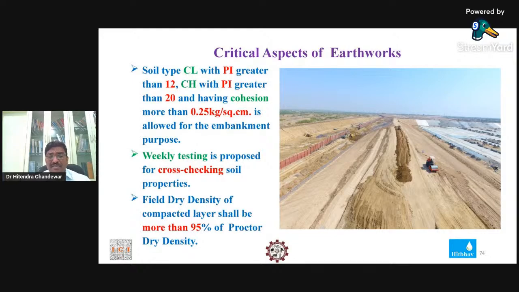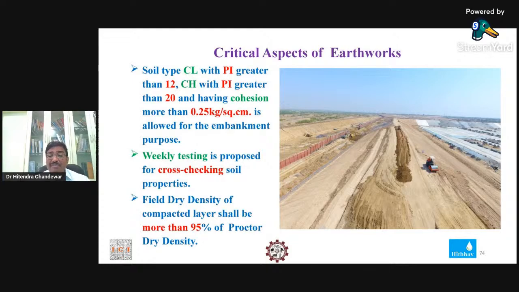So this was the stringent issue, and the embankment shall be in layers of 25 centimeters only. I have actually drafted some protocol for the embankment, and clearly told them that the thickness of the layer shall not be more than 25 centimeters.